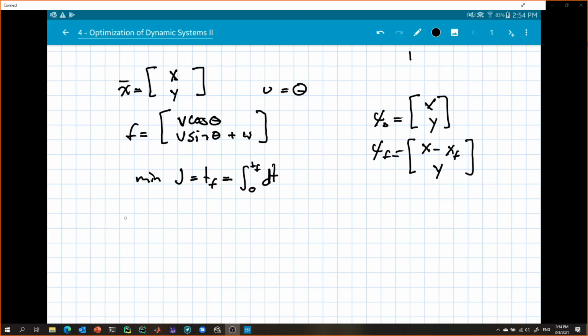So the Hamiltonian is equal to 1 plus lambda x times V cosine theta, plus lambda y times V sine theta plus w.